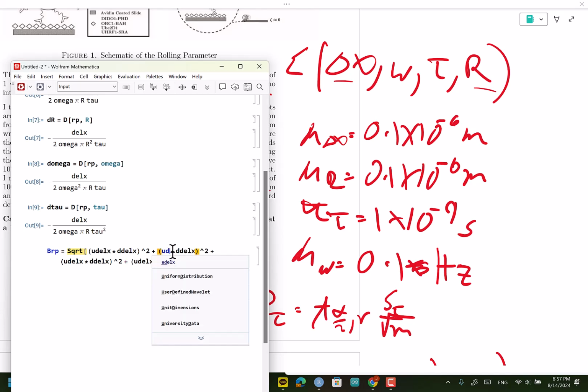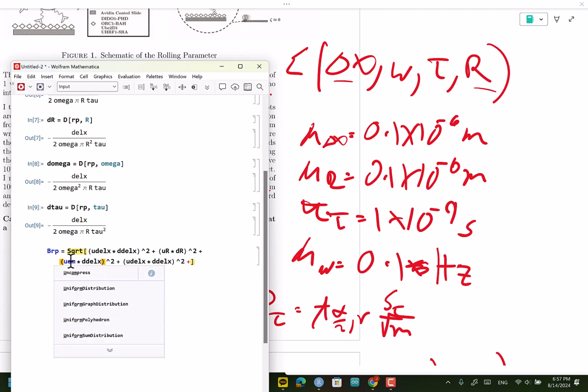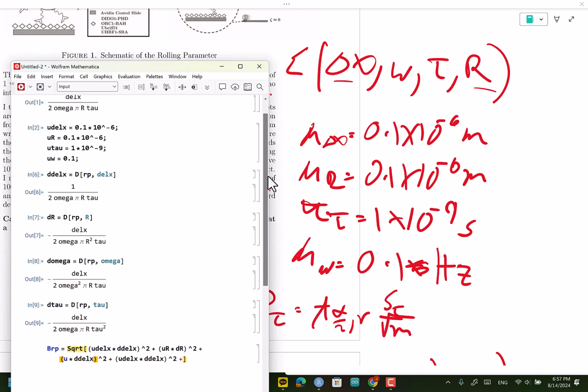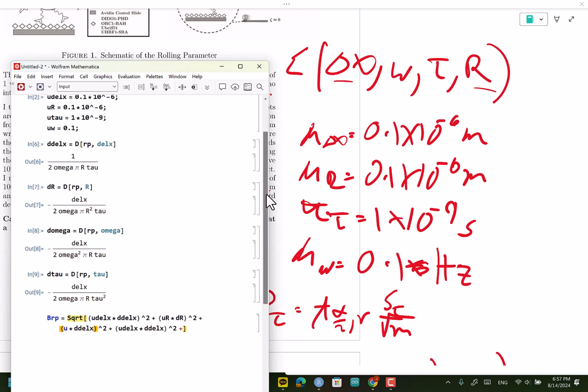So u dr, or uncertainty in r, dr, uncertainty in omega. Where's the uncertainty? UW. U del x, UR, UW, d omega, and then U tau, d tau.